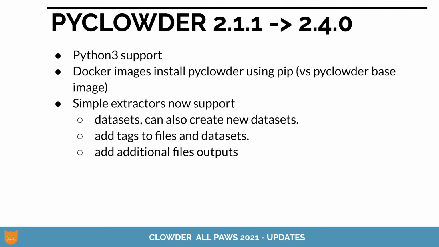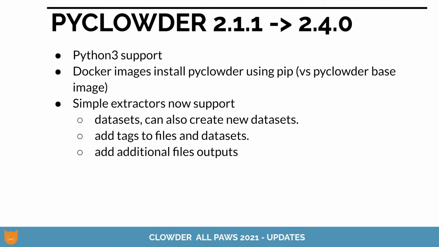The Docker images install PyClowder using pip versus having an image that includes PyClowder. This was creating a bit of difficulty when wanting to use different versions of libraries or conflicting libraries. So this just makes it easier to create an extractor, to containerize an extractor, I should say.